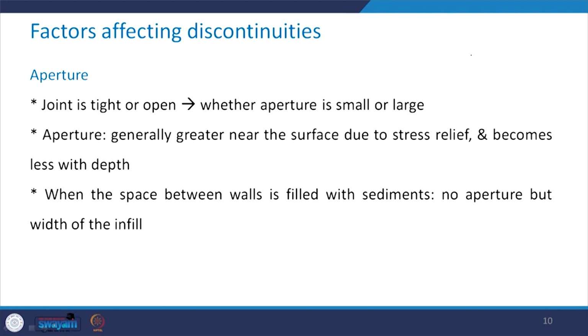Now, what can this infill be? This infill can be clay type of material, or let us say there are some minerals which get deposited when they come in contact with, say, water, and they fill that aperture. That material is called infill.